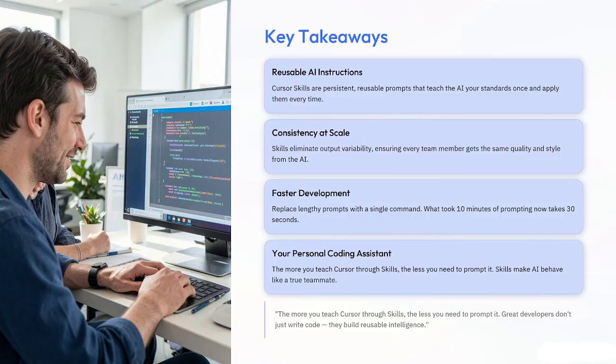They teach Cursor your coding standards once and you reuse them forever. They improve consistency by generating the same quality of code every time. They increase development speed because long prompts become simple commands, and over time Cursor starts behaving like your personal coding assistant. The more you teach Cursor through skills, the less prompting you will need.